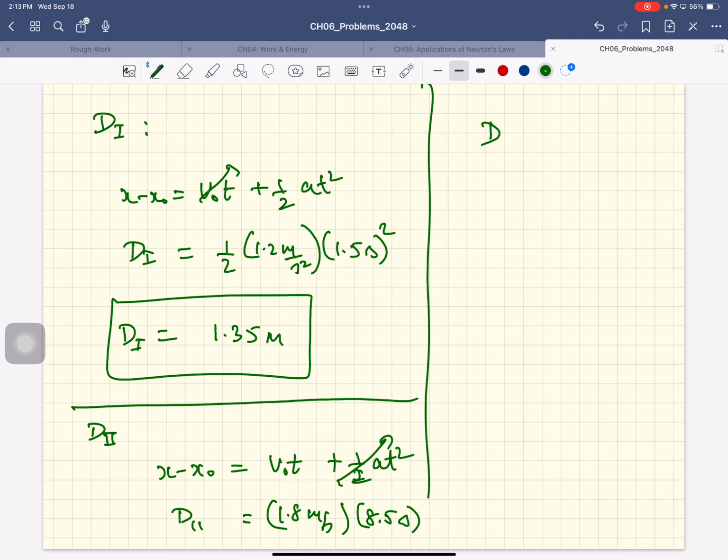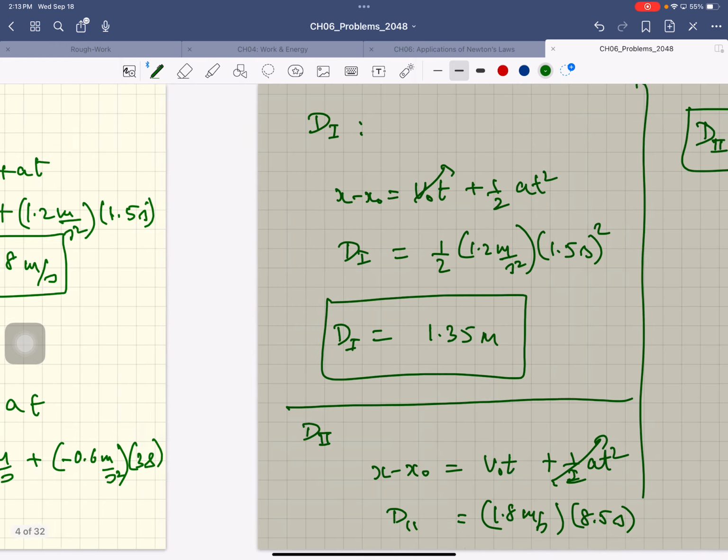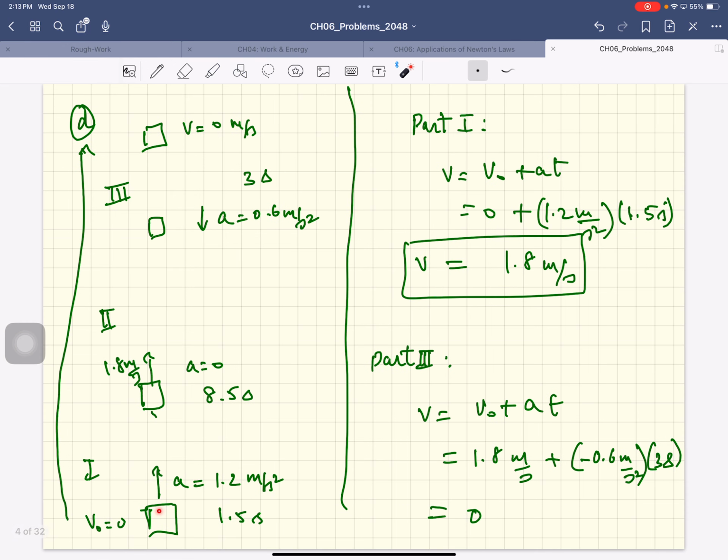So the distance traveled there is 15.3 meters. I mean, 5 meters is roughly 1 floor, so you climb 3 floors, essentially. So this was 1.5 meters, this is 15 meters. Now let's calculate the distance traveled here.